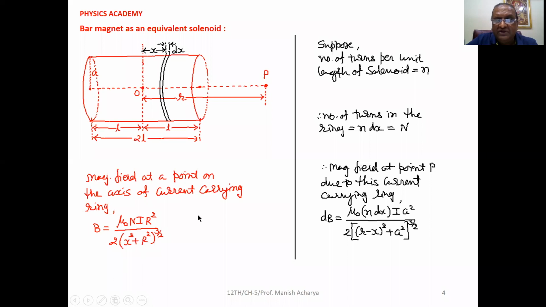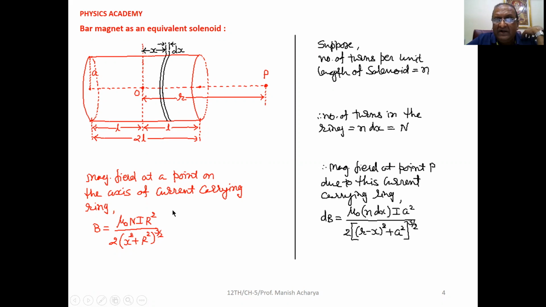As per this equation, dB equals mu 0, total number of turns in that ring, that is n dx, current I, radius of the ring, which is equal to radius of the solenoid, that is a square, into 2, then the distance of the point from the center of the ring, r minus x, square of it, plus square of the radius of the ring, that is a square, and the whole raised to 3 by 2.